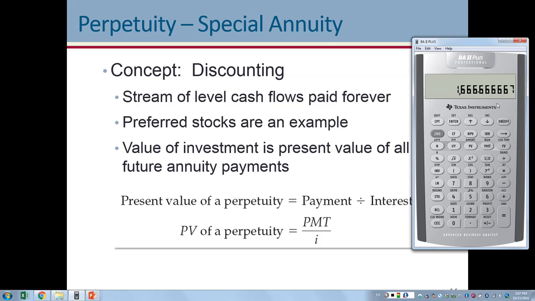And as we go further into the future, those $100 are going to be worth less and less and less. That's why we say that $1,666.67 is equal to $100 every year forever, assuming our interest rate is 6%.